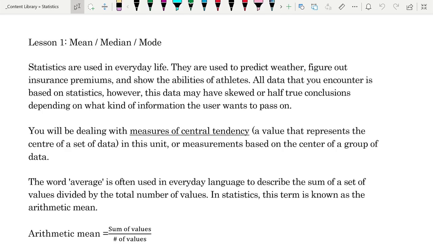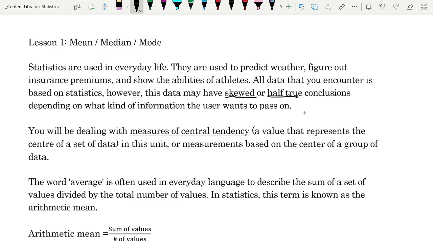Statistics are used in everyday life. They are used to predict weather, figure out insurance premiums, and show the abilities of athletes. All data that you encounter is based on statistics. However, this data may have skewed or half-truth conclusions, depending on what kind of information the user wants to pass on.